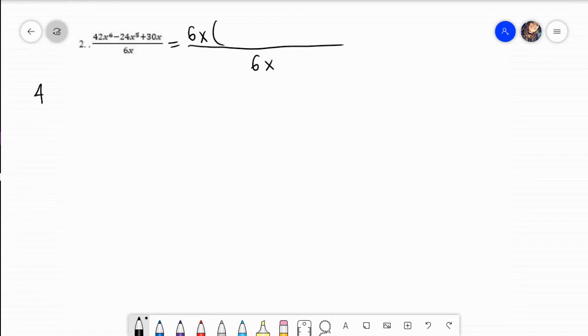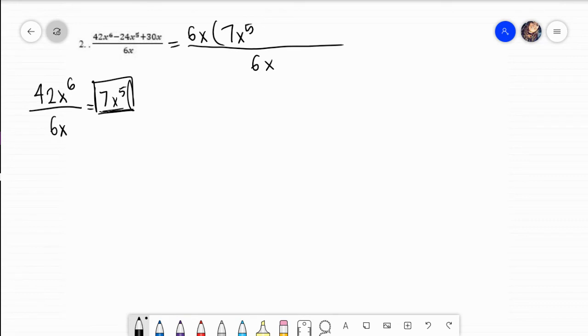So we have 42x to the 6th divided by our GCF, which is 6x. 42 divided by 6 is 7. X to the 6th divided by x is keep and subtract because we're dividing. This quotient goes right here. Now let's do our other term.